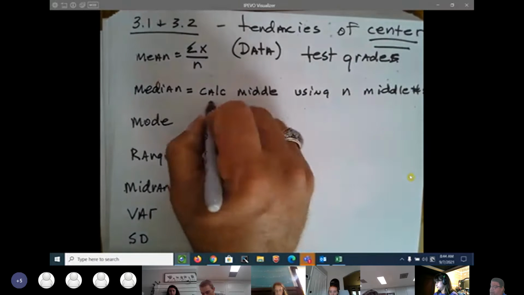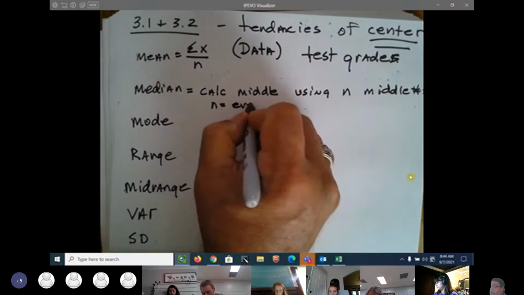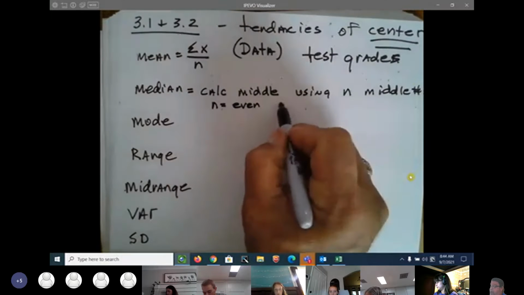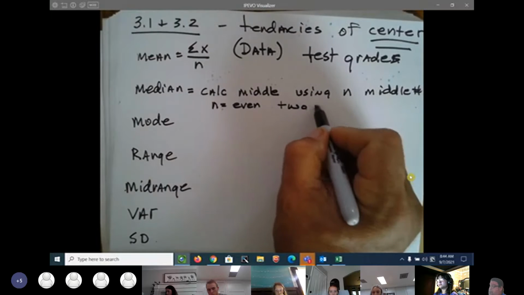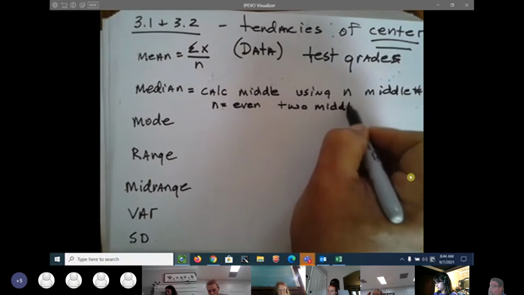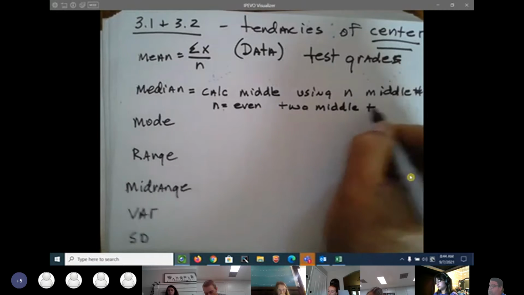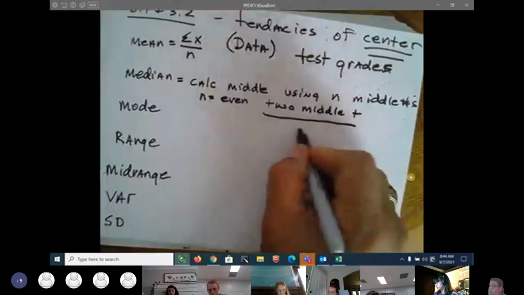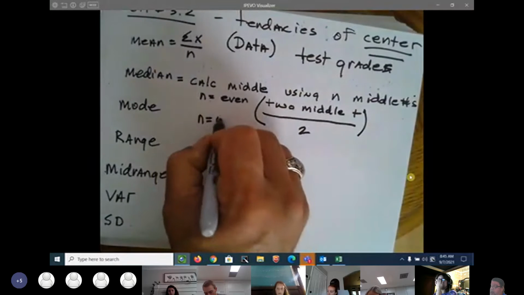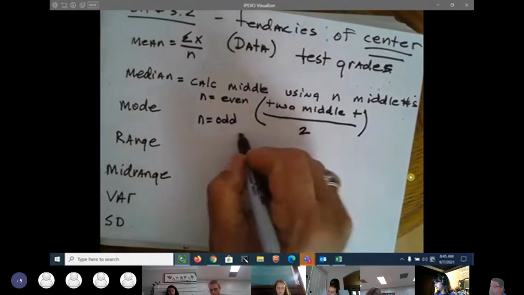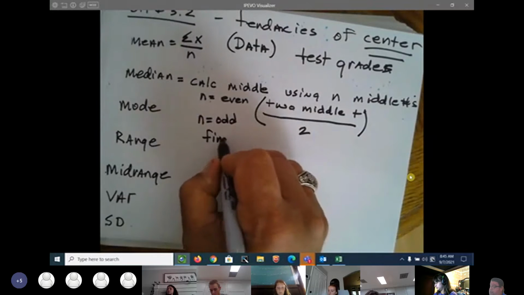If n is even, you got to find the two middle numbers. Add them and divide by what? 2. If n is odd, you just find the middle number.